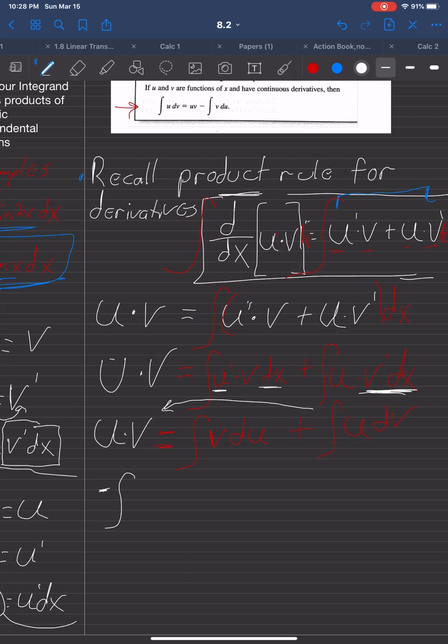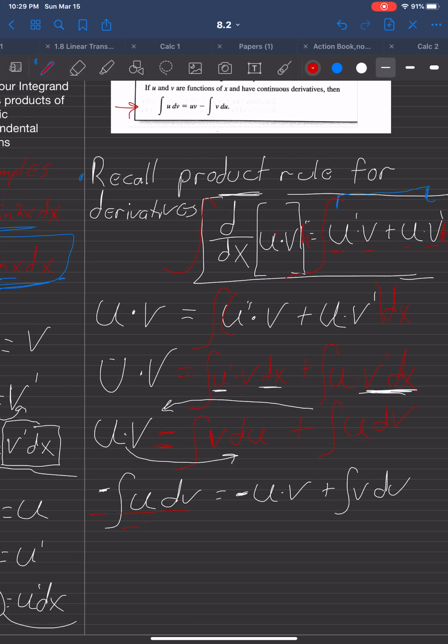So bringing that over, I've got the integral of u dv, and of course this u times v, we're going to be moving that to the right side of the equation. And again, you're going to have to change those signs in order to move them. So right now I have negative u times v plus the integral of v du, but you probably already see it.